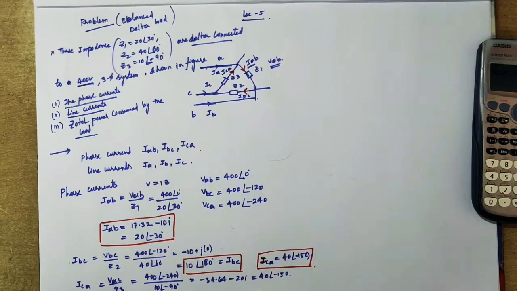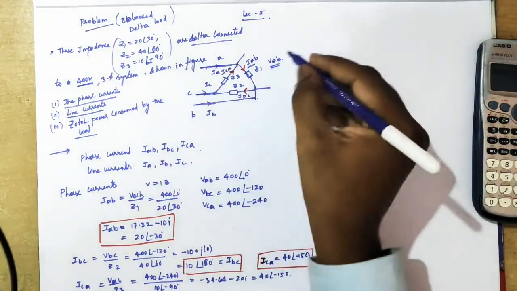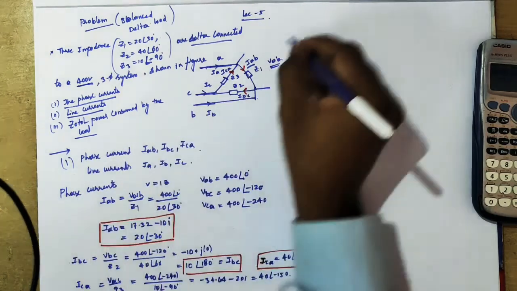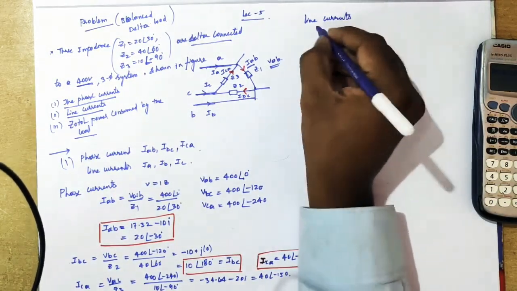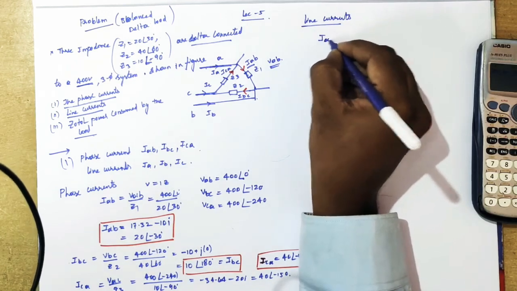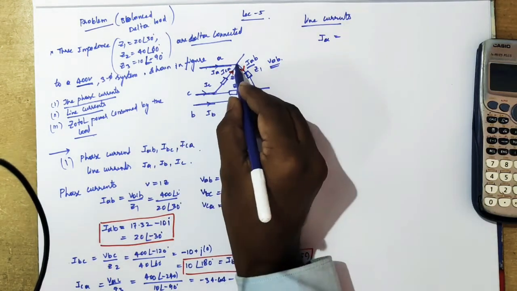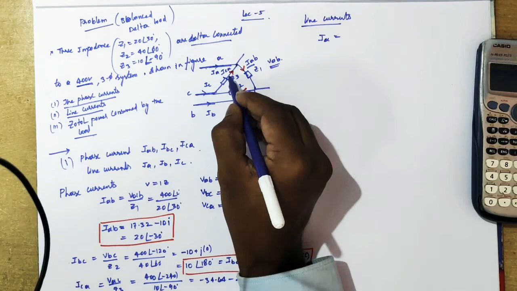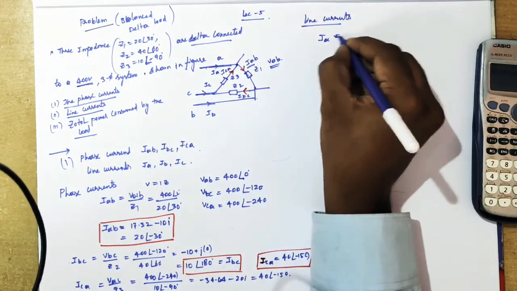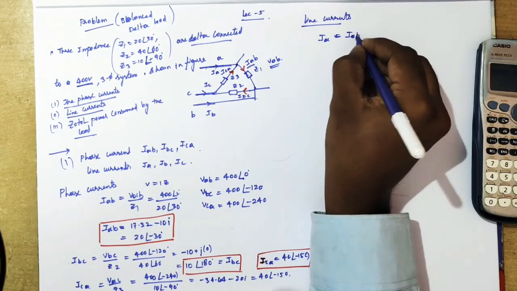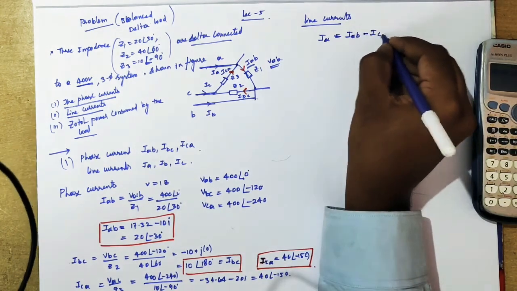Now we need to find the line currents. At this node, IA is entering, ICA is entering, and IAB is leaving. Therefore IA equals IAB minus ICA.